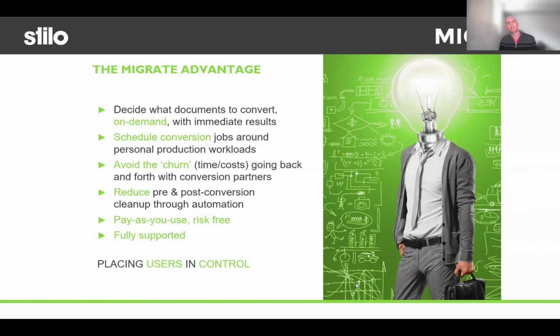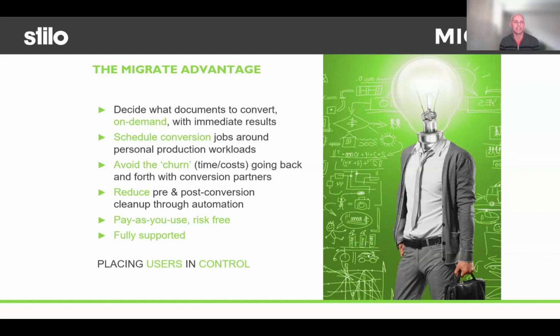And then one of the other big advantages with Migrate is that you're able to get the content into the system quickly and easily, and you're also able to go through fine-tuning iterations very easily. So what we want to do is take that content, put it in the portal, spend some time with it, get the DITA, and then QA the DITA in the environment that you want it in.